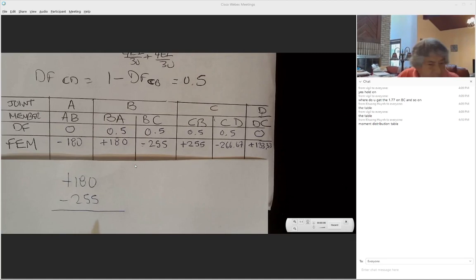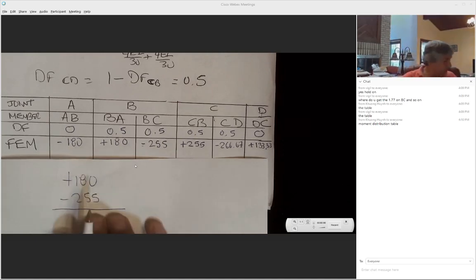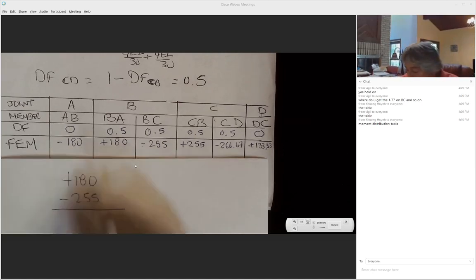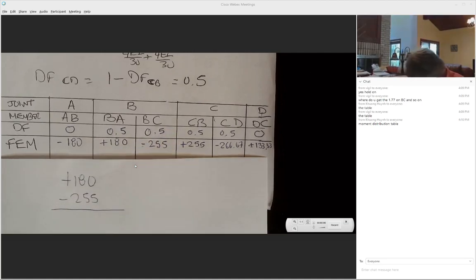So right now, if we do this, what is the moment that we have left in that?